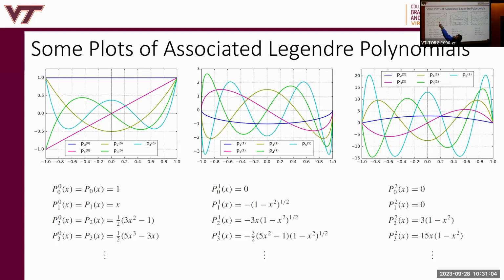P10 is P1s. These all have zeros, so these are the same as the ordinary Legendre polynomials, right? Here we have P1s. So now you see they get a little more crazy, but these are still orthogonal. And you have P41, P31, P21, P11, P01. They're all plotted there. And then we have P32, P22, P12, P02 are here.